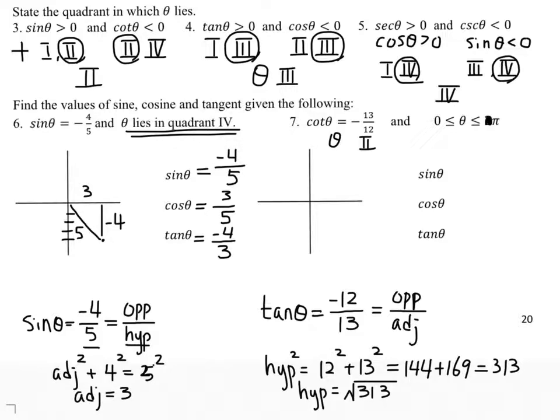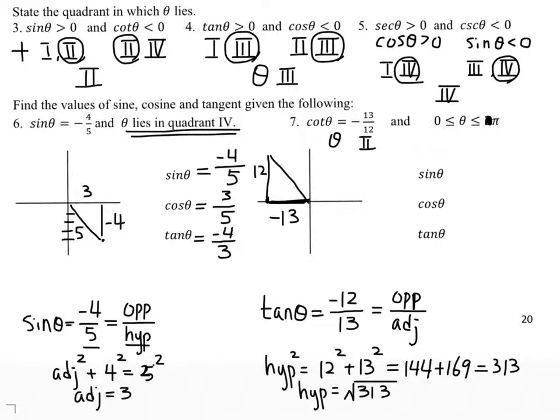And if it's in the 2nd quadrant, our opposite side is going to be positive 12. Adjacent is going to be negative 13. Adjacent in the 2nd quadrant, so your adjacent would have to be negative 13. Your y is going to be positive 12.